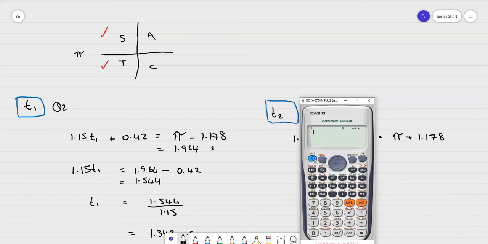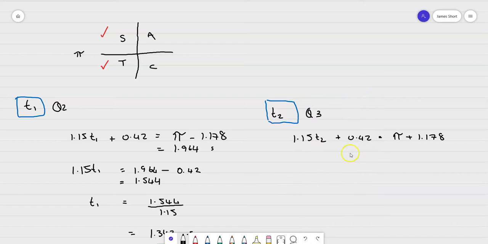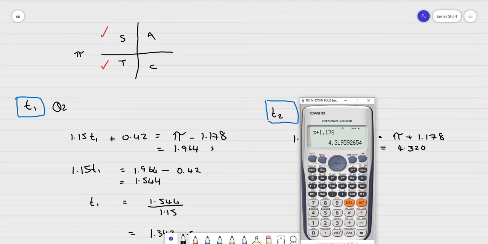Shift pi plus 1.178 gives 4.319, but this 5 rounds this 9 up, so it'll be 4.320.